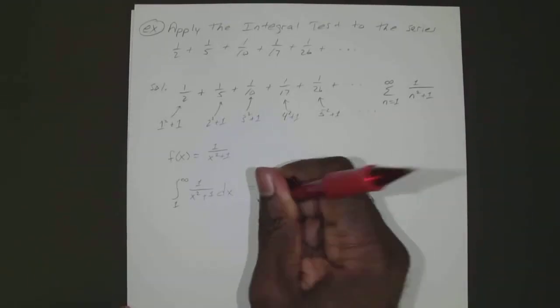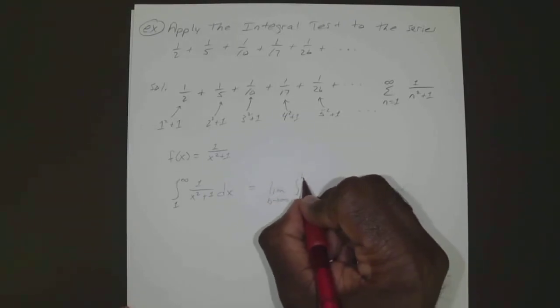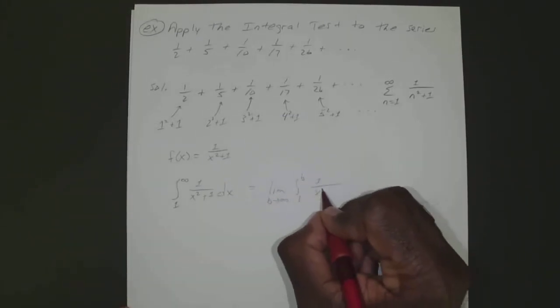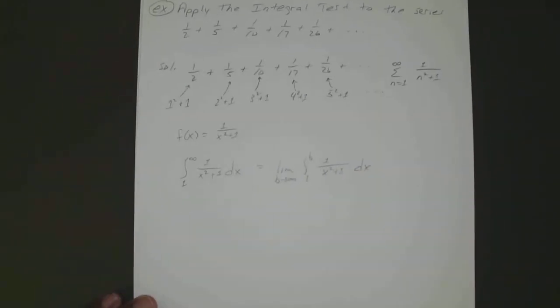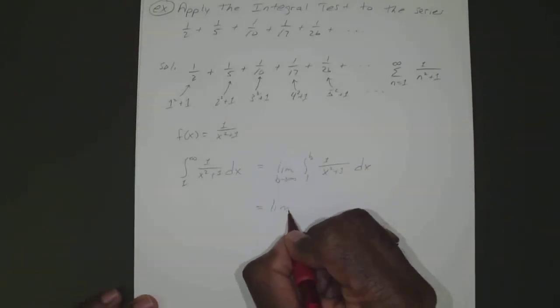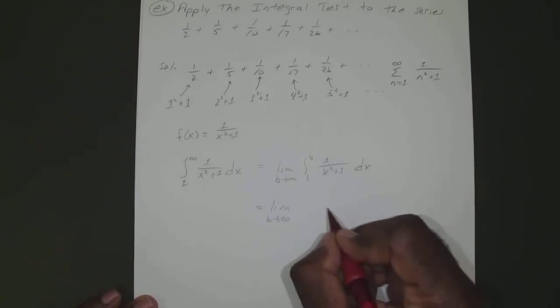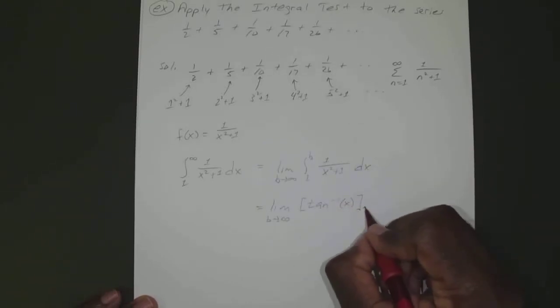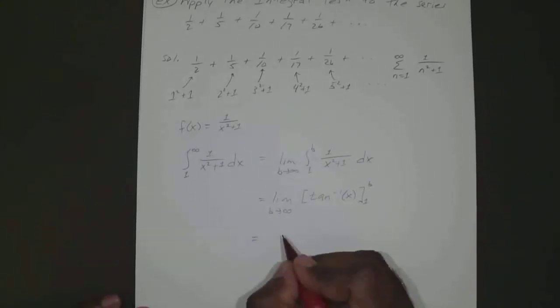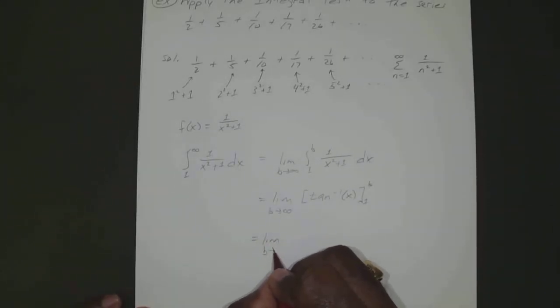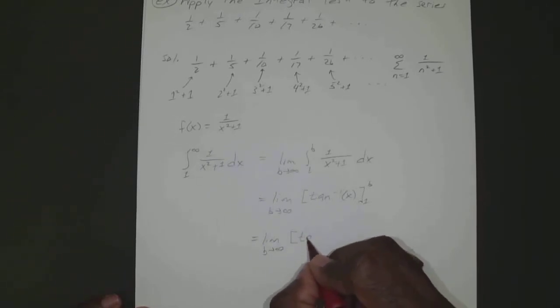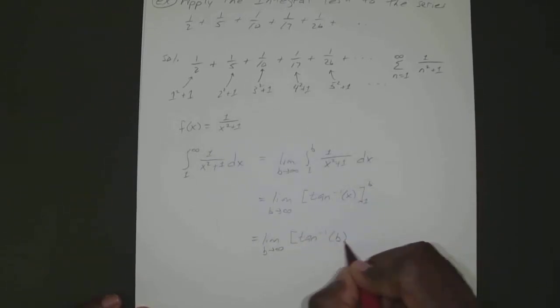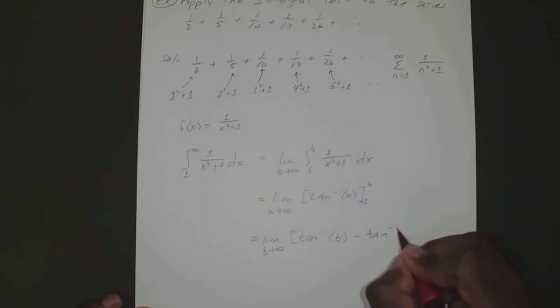The limit as b approaches infinity of the integral from 1 to b of 1 over x squared plus 1 dx becomes the limit as b approaches infinity of tangent inverse of x from 1 to b, which then becomes tangent inverse of b minus tangent inverse of 1.